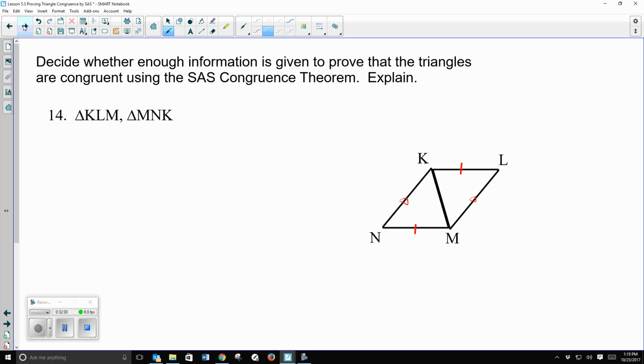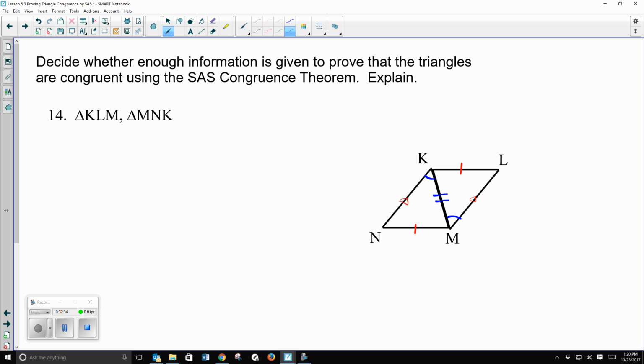You do know that two pairs of corresponding sides are congruent, don't you? Because they share this side, right? But we don't know anything about the angles. Actually, we do. We know that this angle is congruent to this angle. But is that side, angle, side congruence? No. That is not side, angle, side because it's not the included angle. So the answer would be no. And it's because we don't know if the included angles are congruent.